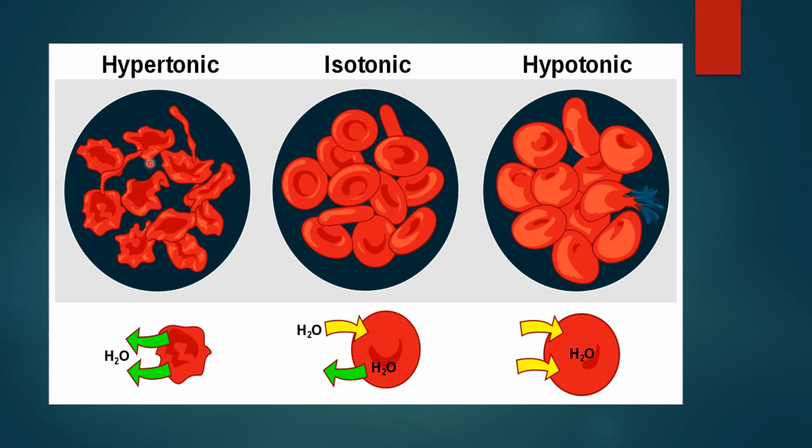As a result, the cells are shrinking. In this picture, where blood cells are present in hypotonic solution, the water is continuously entering into the cell and cells are swelling or they may rupture like a balloon.